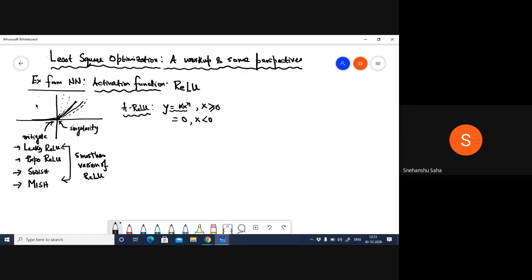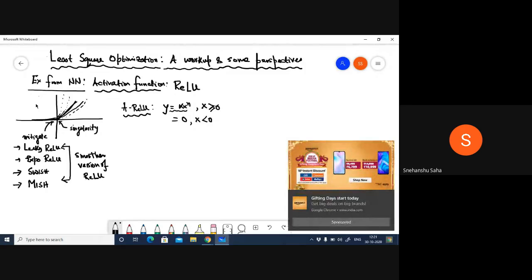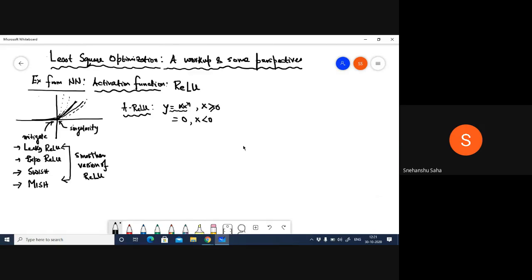And by introducing a polynomial, I ensure that the singularity is removed. But what else do I need to ensure? Because ReLU in practice works very well, I need to ensure that this activation function that we proposed also remains close to ReLU for all values of X.